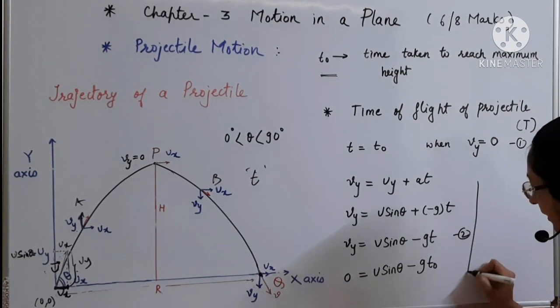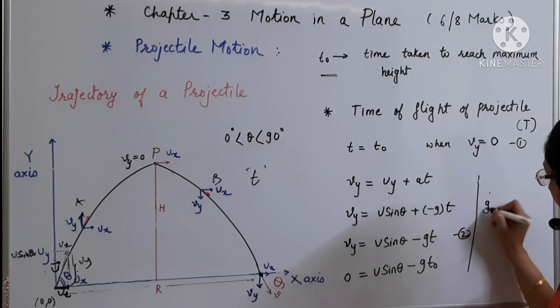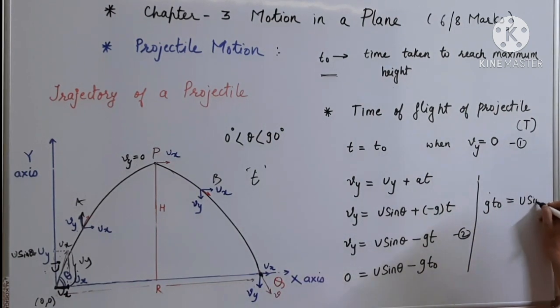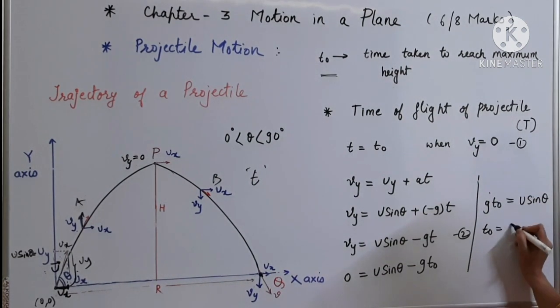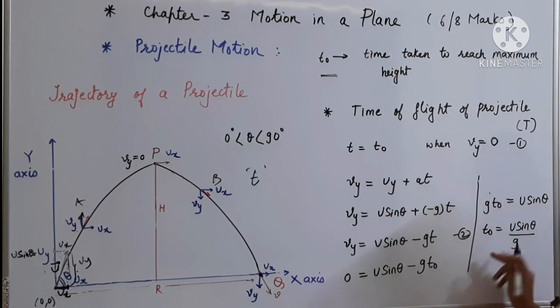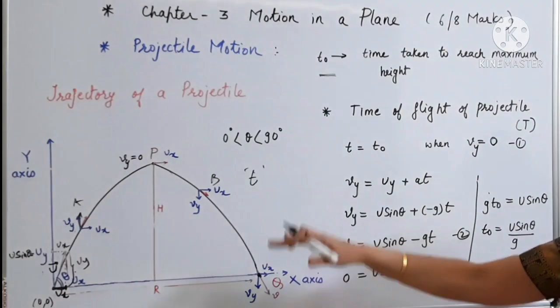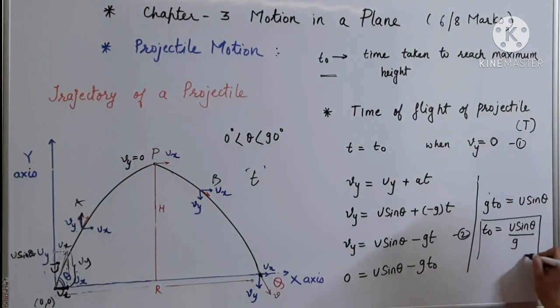So g into T0 is equal to u sin theta. So T0 is equal to u sin theta upon g. So the time required for the projectile to go to the highest point is u sin theta upon g.